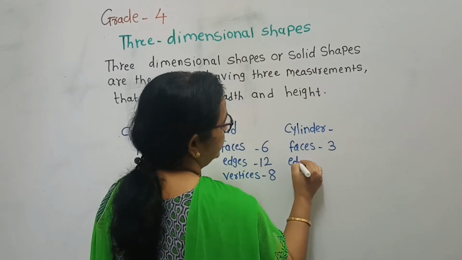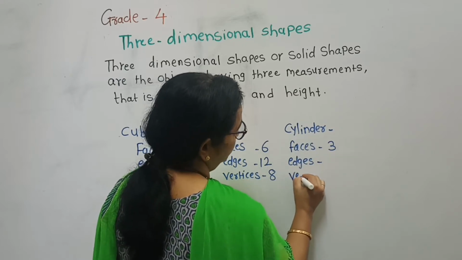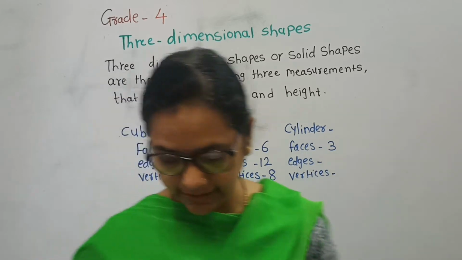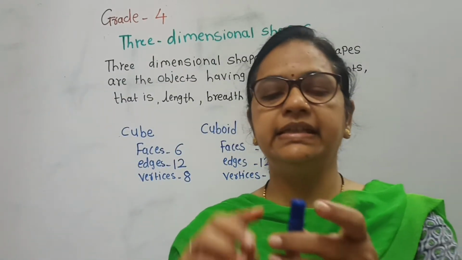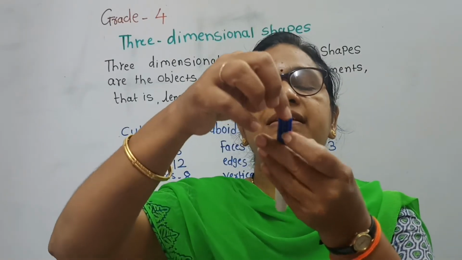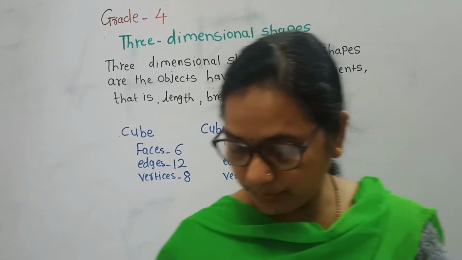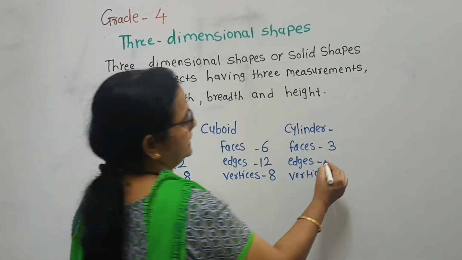Then how many edges does a cylinder have? How many vertices does a cylinder have? Yes, edges. This flat surface joins here, this flat surface joins here, which means a cylinder has 2 edges.